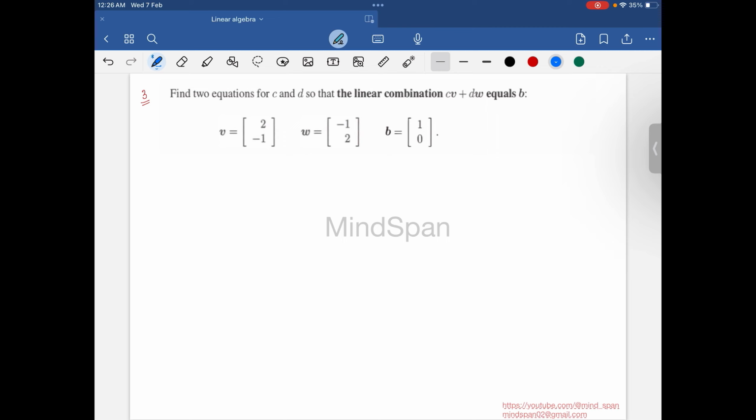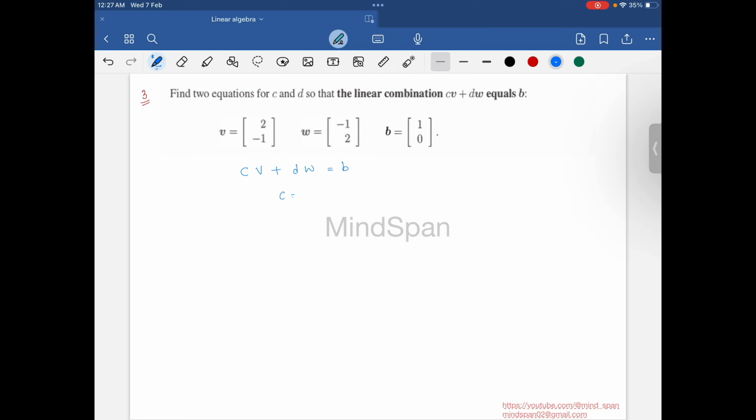If you take the linear combination of v and w, this should give you b, right? So what value of c and d will you take that will produce this b?